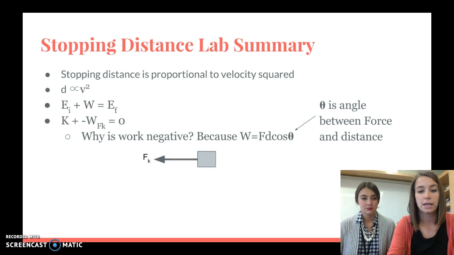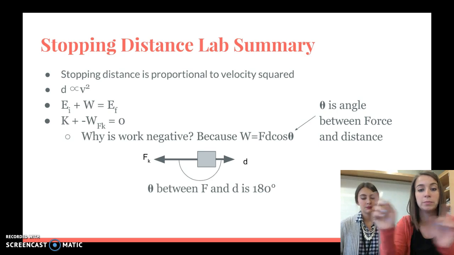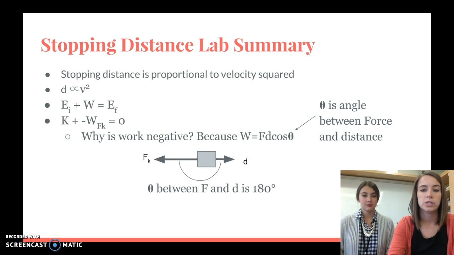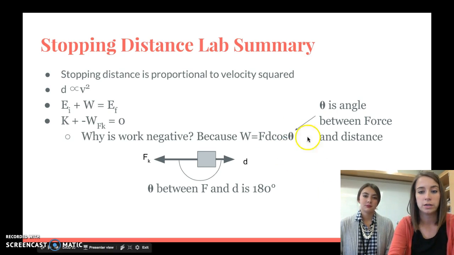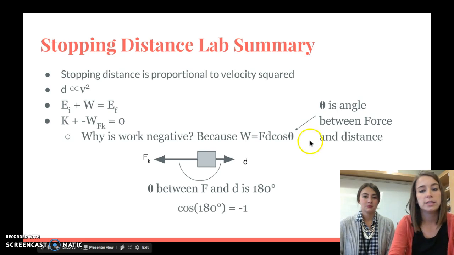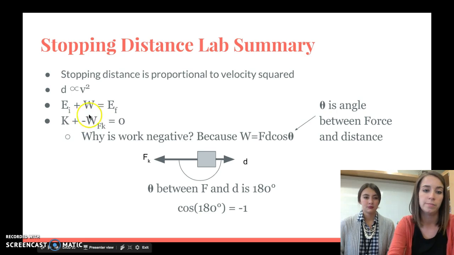Friction's acting to the left, but it's moving to the right. So the distance is to the right. The angle between those is 180 degrees. They're going in complete opposite directions. And if we plug in 180 degrees for the cosine of theta, that's a -1. So that's where that negative comes in for work, to make the work negative.